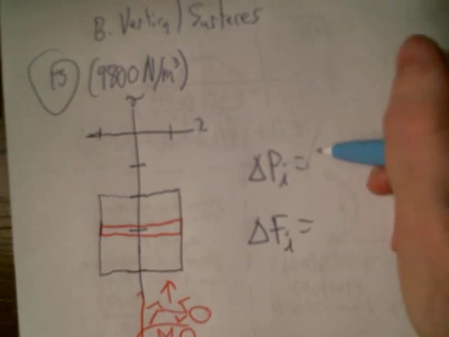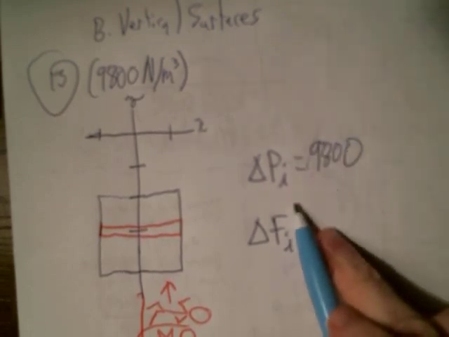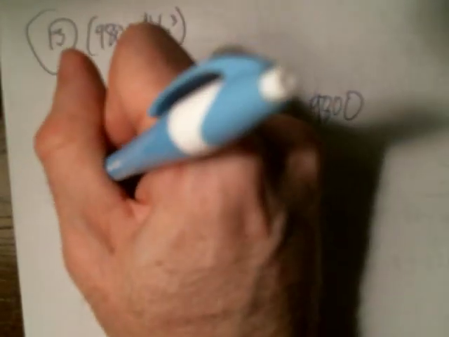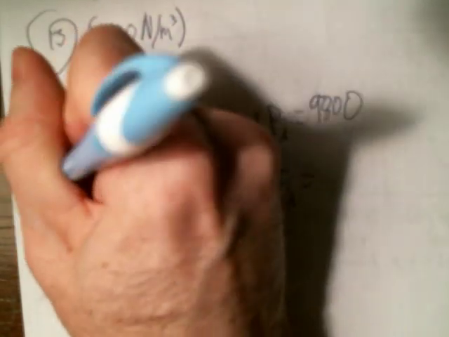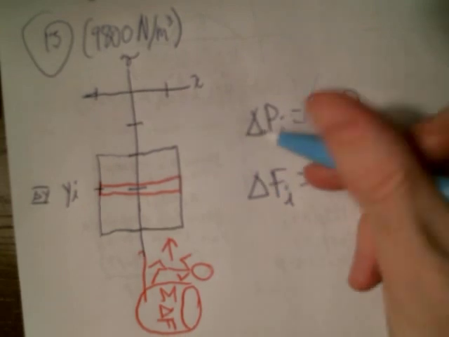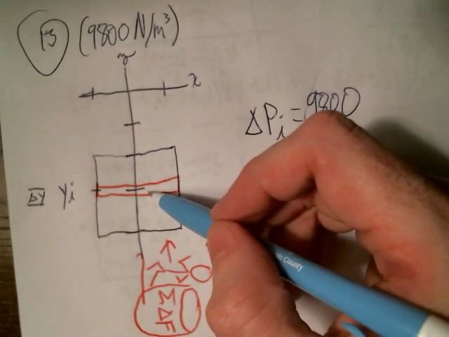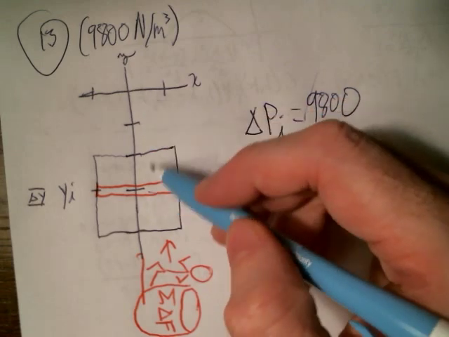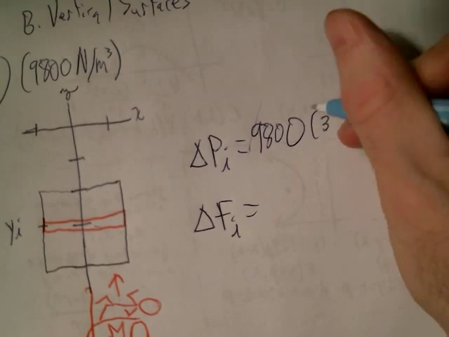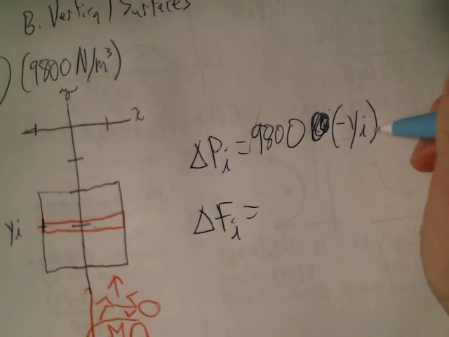That's the weight density, which we are given as 9,800, times the depth of that particular rectangle. This rectangle is located at position y sub i, and the width we'll need later is change in y. So its depth is negative y sub i. If it's at -3, the depth would be +3, so we keep that in positive units and use negative y sub i.